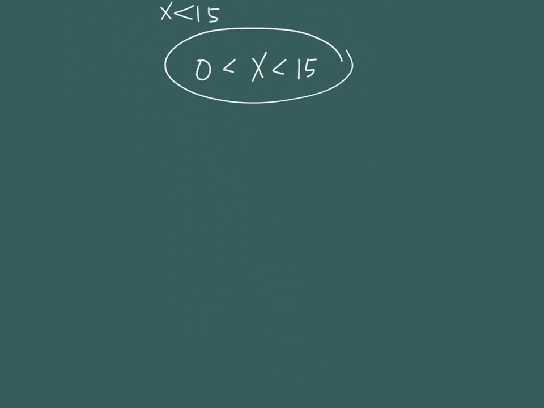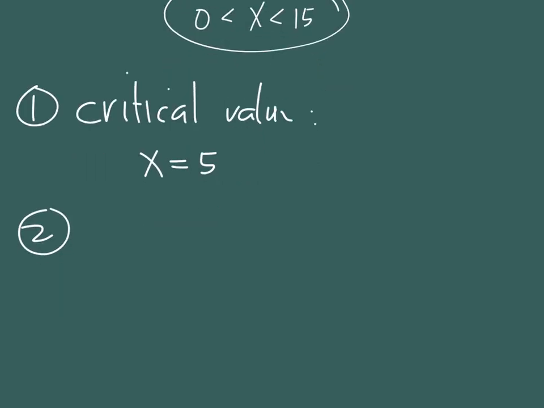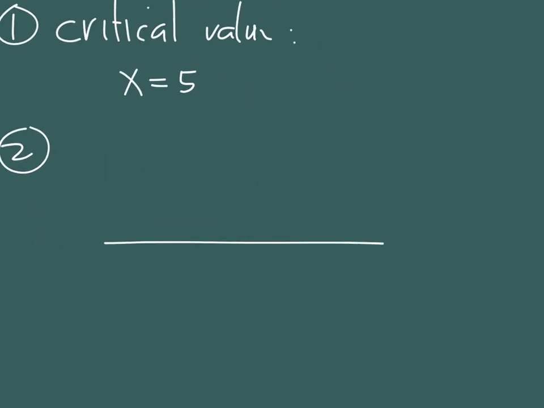Okay, so in step number 1, we were able to find the critical value, and that critical value is x equals 5. This is not yet the answer, but this will give us the answer. Okay, so how do we consider x equals 5? We place it on a number line.